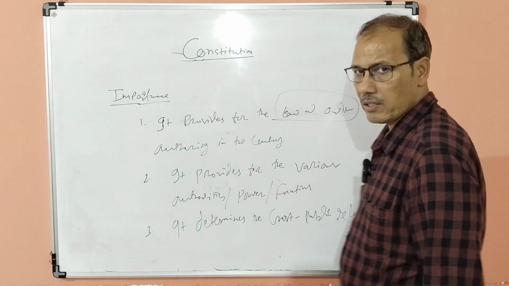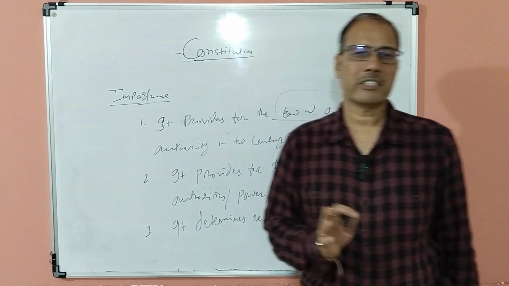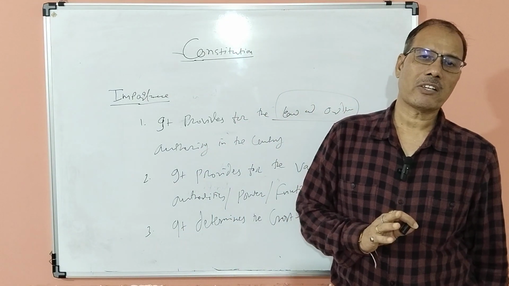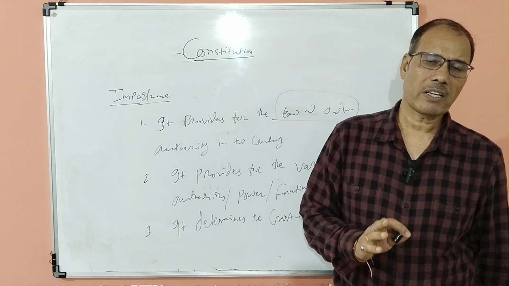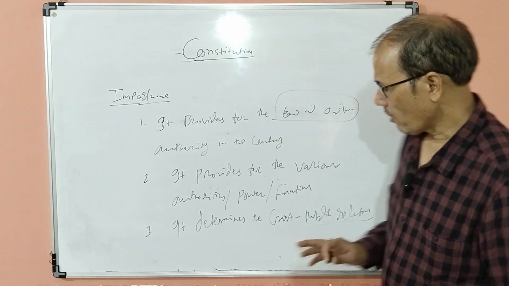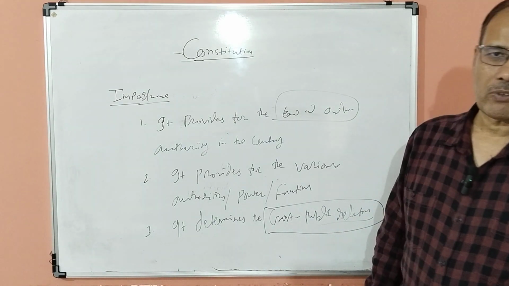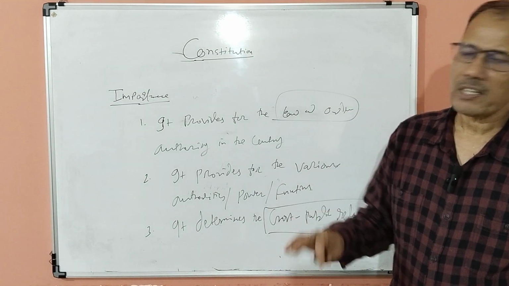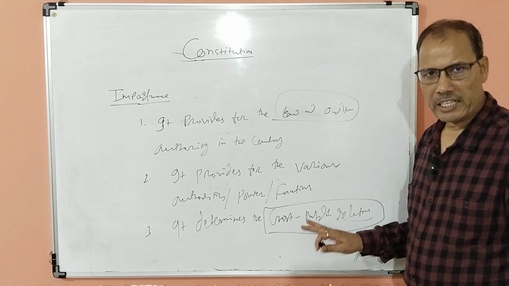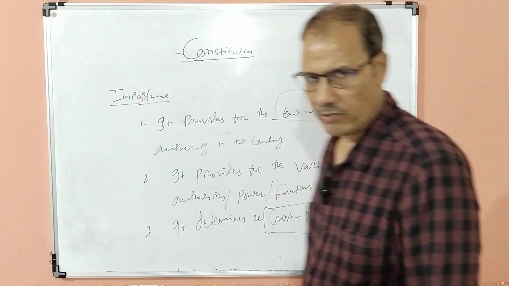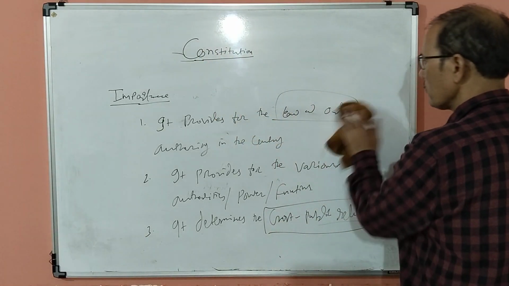For example, the third chapter of the Indian Constitution, fundamental rights, and the fourth chapter, directive principles of state policy, both belong to that particular thing. All other provisions also reflect the same relationship discussed in the Constitution.